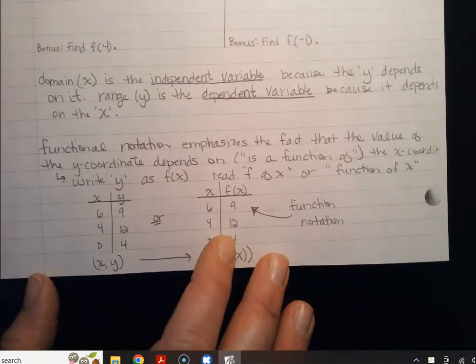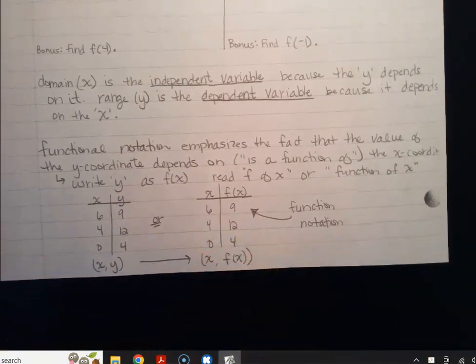All right, so the domain, or your x, is your independent variable because the y depends on it. Have any of you ever heard the term input and output table? It's the same thing. We put the x in the table, and then we get an output. The x is independent, like how many pairs of shoes we buy at the BOGO sale.